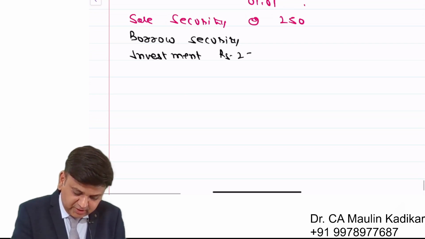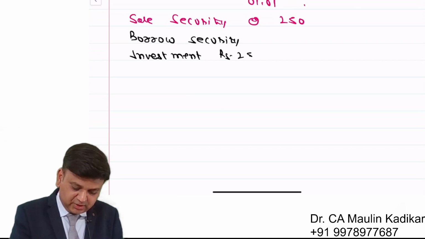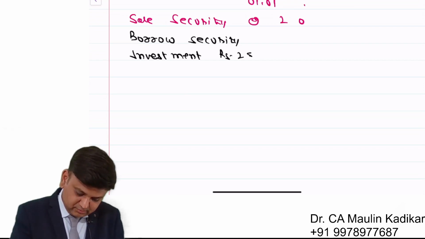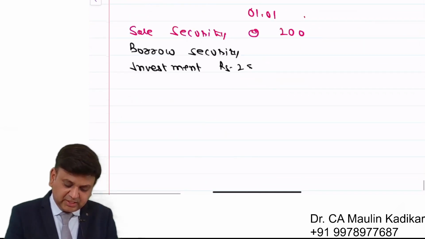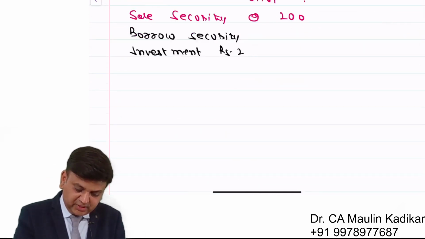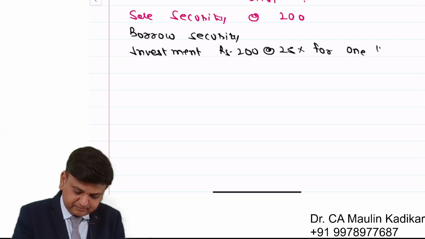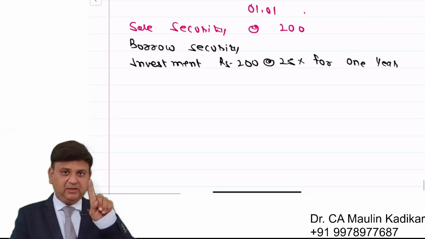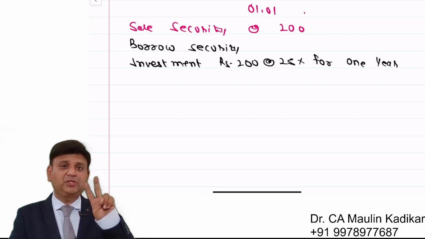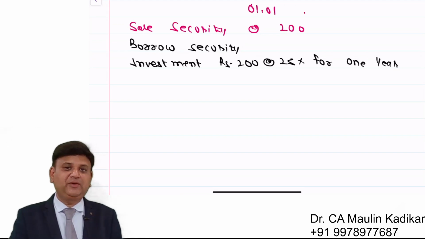You will sell at 200. Then you will make an investment of rupees 200 at the rate of 25% for 1 year. You enter into the transaction for sale, then you borrow security to cover the short position in the cash market, then you invest rupees 200 at 25% for 1 year.